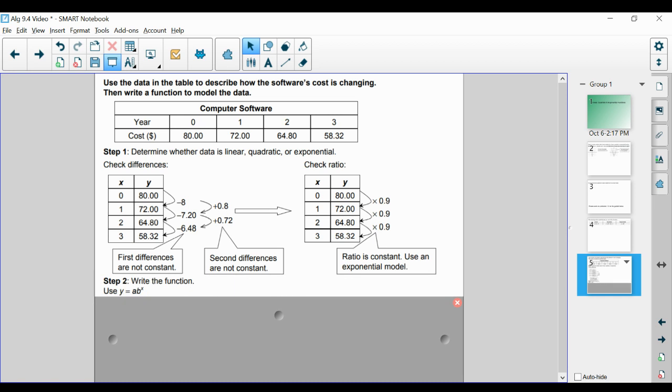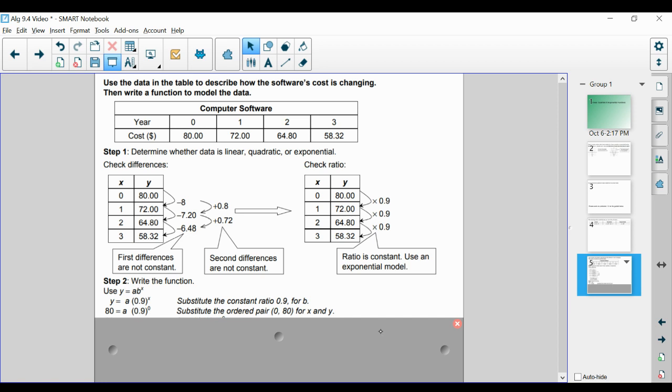Now we're going to write the function. We know that exponentials are of the form y equals ab raised to the x power, and we can fill in some information that we know. We know that our common ratio is 0.9 because as we looked at the table, that's what's getting repeated multiple times. So we can replace that for b. We can substitute in the ordered pair 0, 80 for x and y, and that comes from our given data. Our x value was 0, our y value is 80.